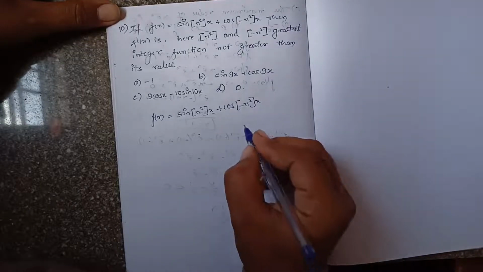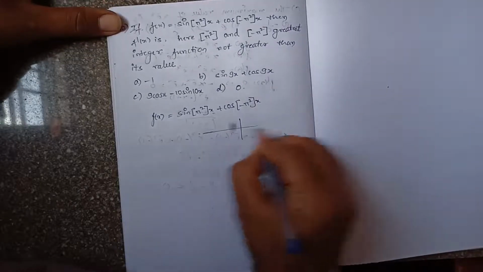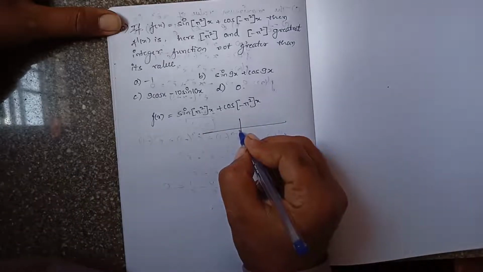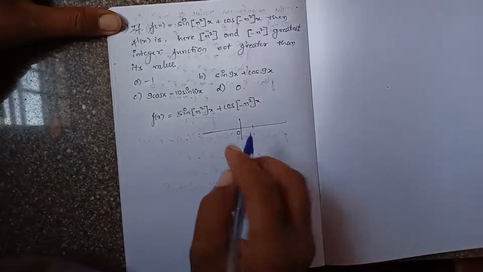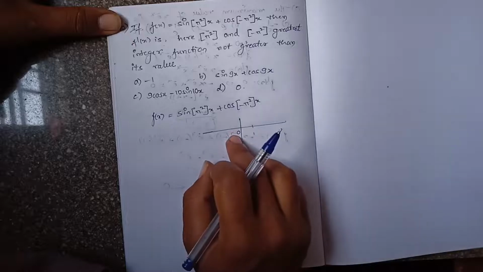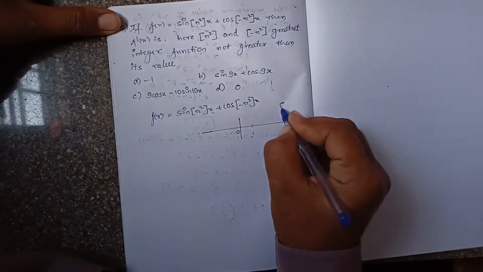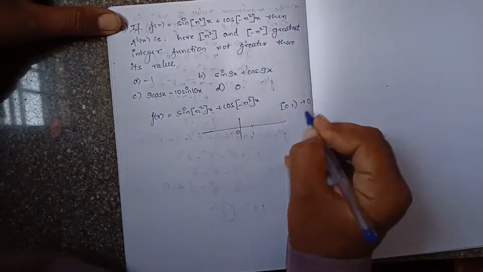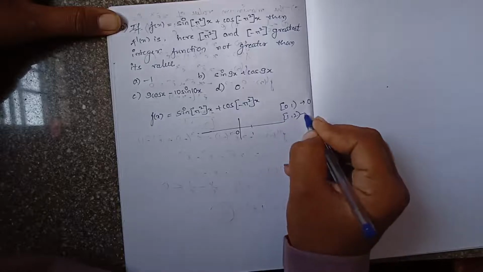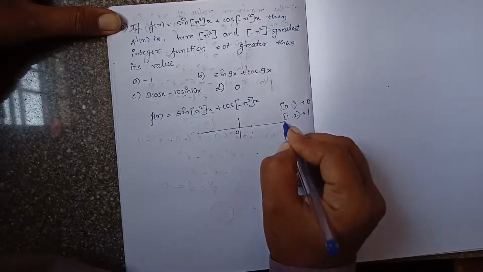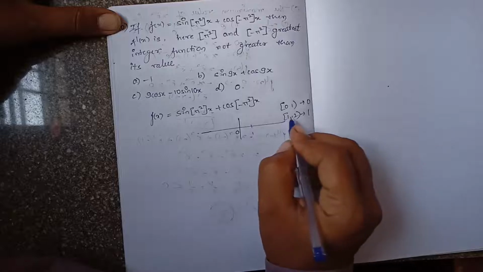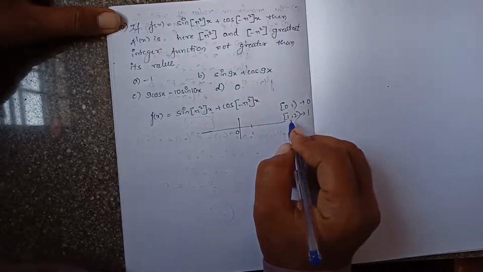I hope all of you know. If I take the interval 0 to 1, if we substitute any value in the greatest integer function, it gives us 0. Means in the interval 0 to 1, it gives us 0. In the interval 1 to 2, it gives us 1. Means closed interval 1 and open interval 2. Such a simple thing I am telling you.